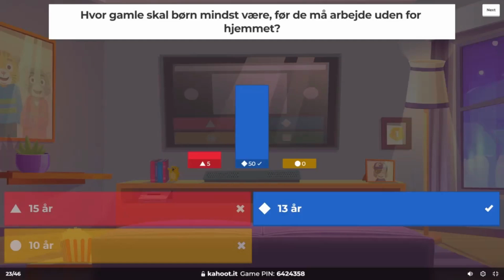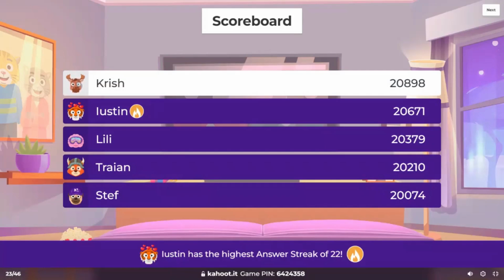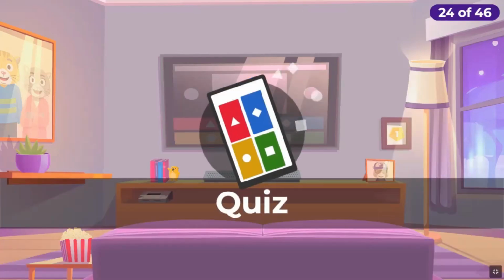You can start working at the age of 13. This is an FAQ, so plug this knowledge gap. Houston is on fire, highest answer streak of 22, so that's a perfect score. Oh my! He's on fire! It's a static top 5. Next one.